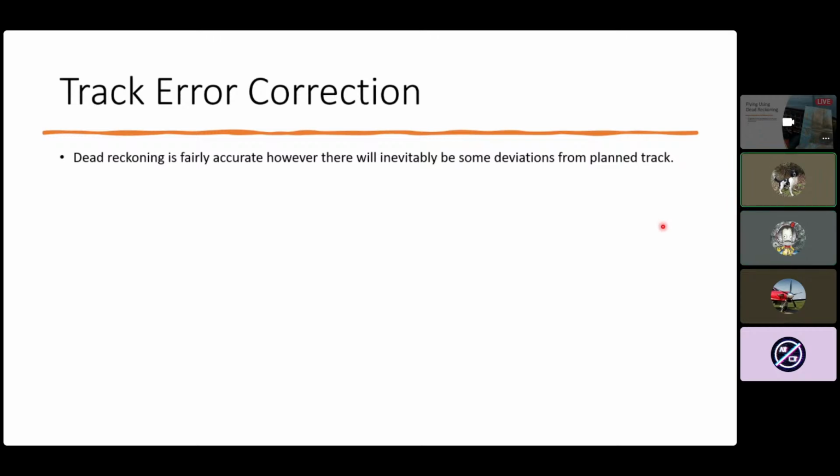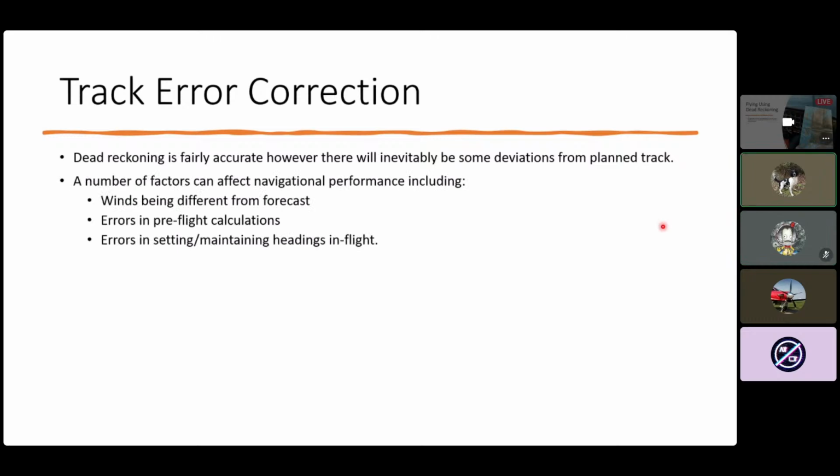It's okay, I'll give you them. The main ones would be winds, and errors in your calculation. You fat fingered the calculator and put the wrong winds in, or the wrong track, or you applied the wrong variation. You forgot to use CADET and you added west when you should have added east, or vice versa.